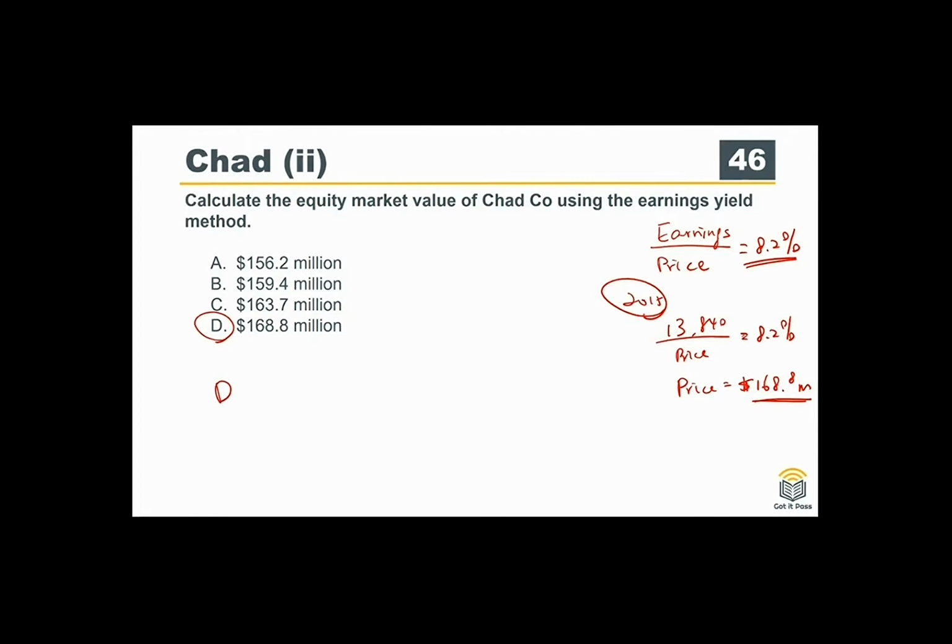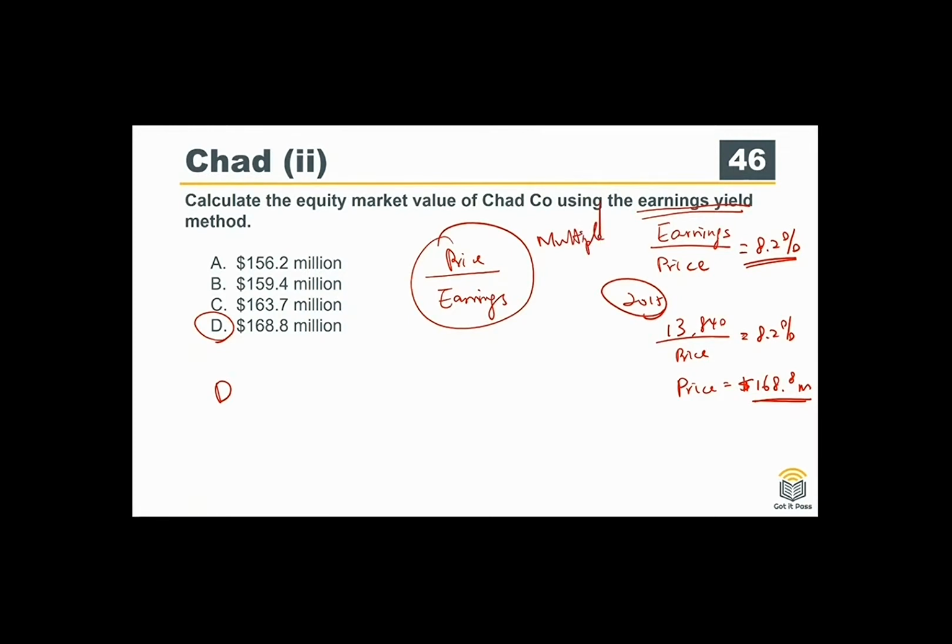Because a lot of candidates don't understand what earnings yield is. There's no trick here, because you can present price earnings ratio like PE, which is about the multiple.